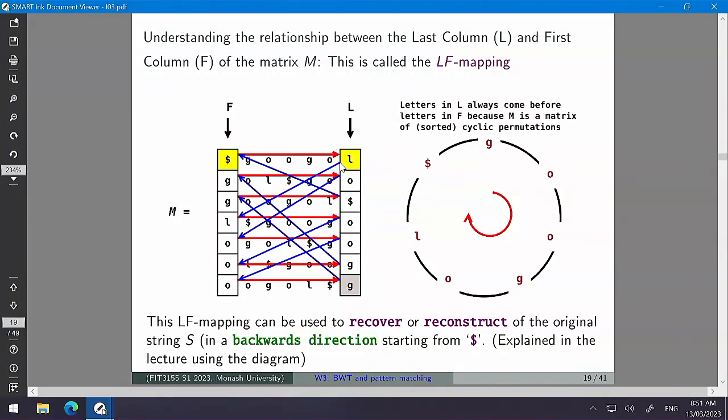So if I magically knew where this L falls, here's the start of your thinking. Start with the last letter of your first row. What is the last letter of your first row? It has to be the first letter of your Burrows-Wheeler transform.